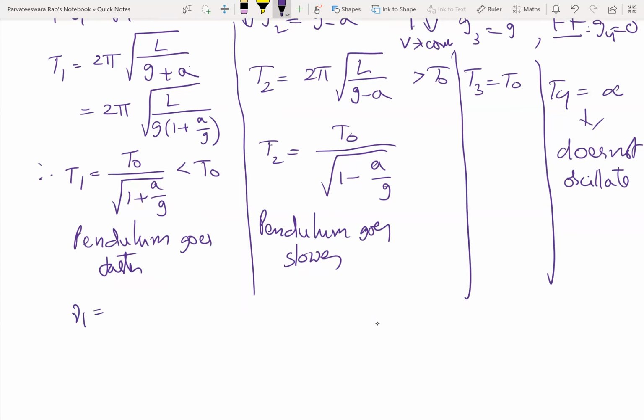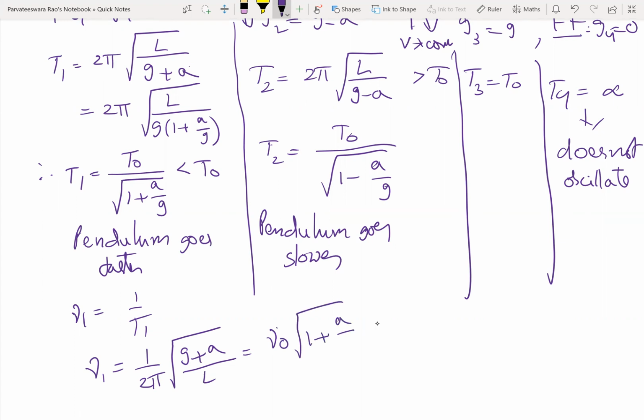The new frequency is the reciprocal of the time period. So the new frequency nu1 will become 1 by 2 pi into root of (g plus a) by L. So this becomes nu naught into root of (1 plus a by g).